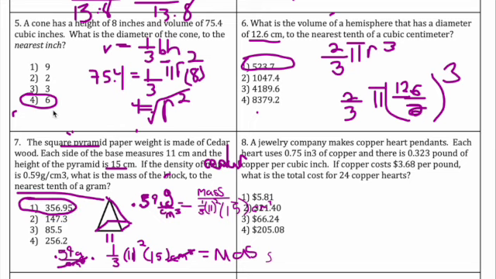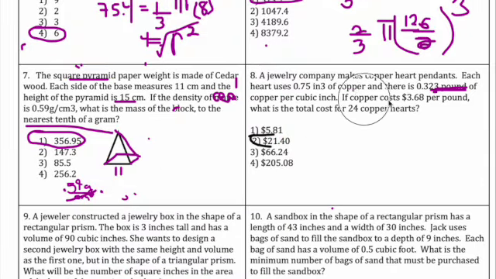So let's take a look at number 8. A jewelry company makes copper heart pendants. Each heart uses 0.75 inches cubed of copper, and there is 0.323 pounds of copper per cubic inch.